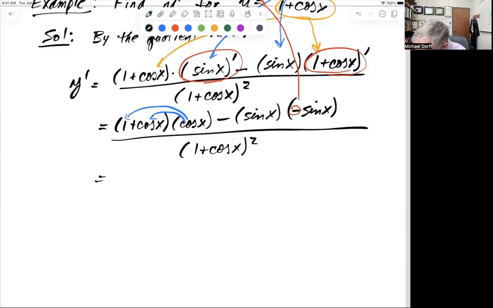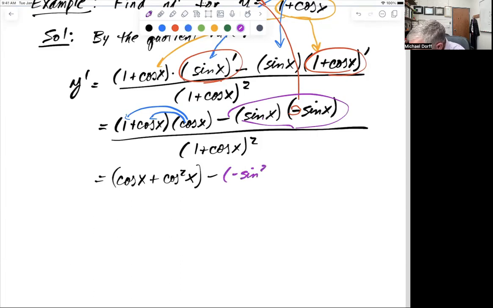So I've got 1 times cosine x, which would be cosine x, plus a cosine times cosine, which would be cosine squared x. All right, and then over in the second part here, I've got sine times minus sine, so that's going to give me a minus sine squared x.